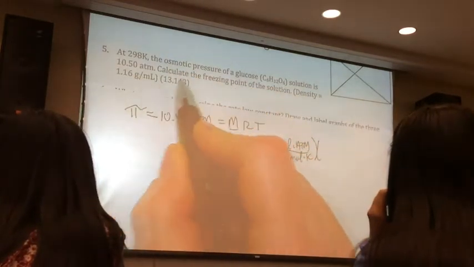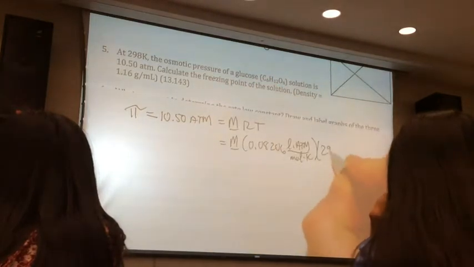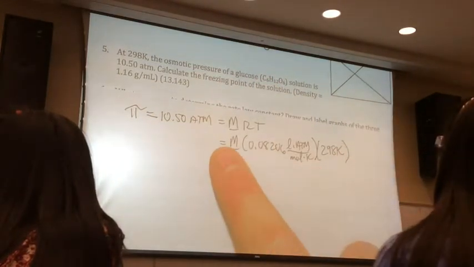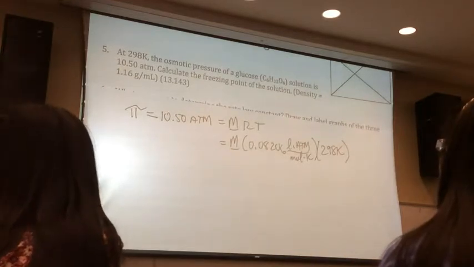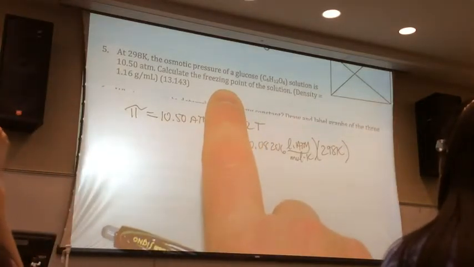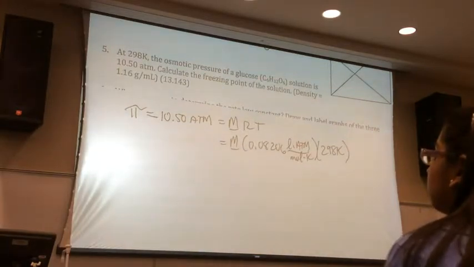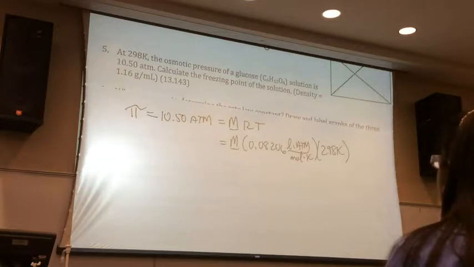And the temperature we're given is, even nice, in Kelvin. So with this, what we can calculate is what the molarity is. And then we want a freezing point. So once we have the molarity, then we can fold that in as a concentration unit and calculate a delta T.